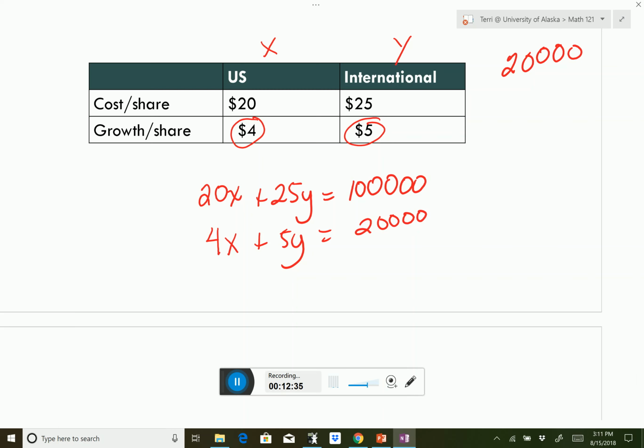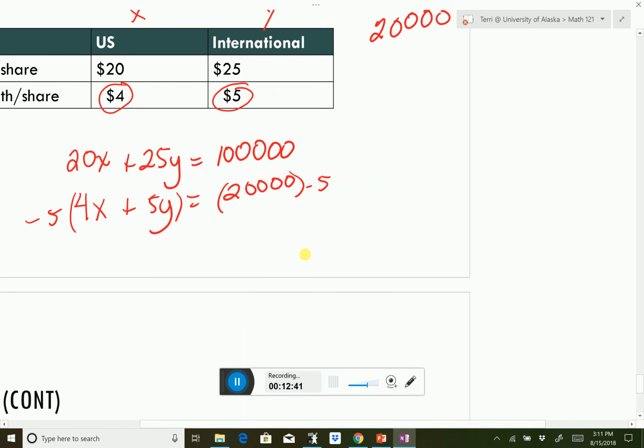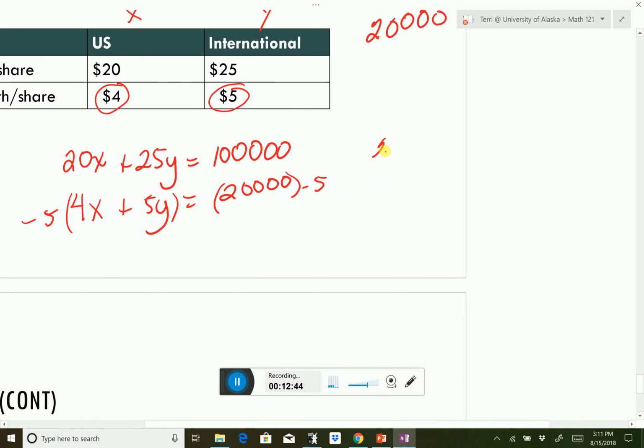Well, let's do this. So what if I go -5 on all this? What's going to happen? Well, let's see, 20x plus 25y equals 100,000. Here I have -20x minus 25y equals -100,000.